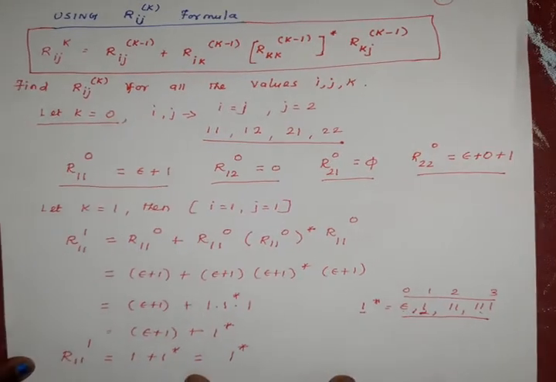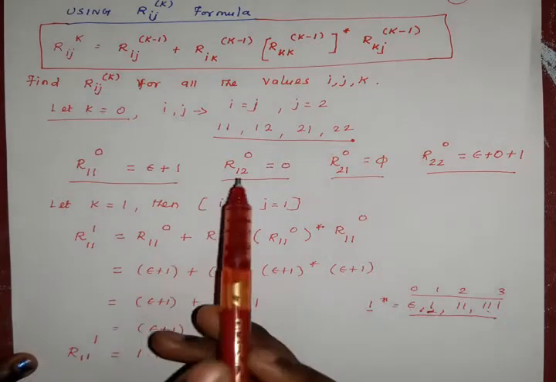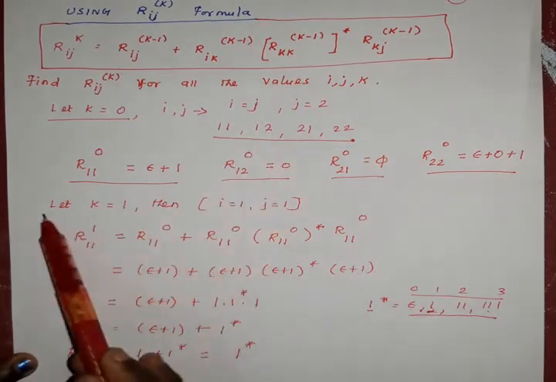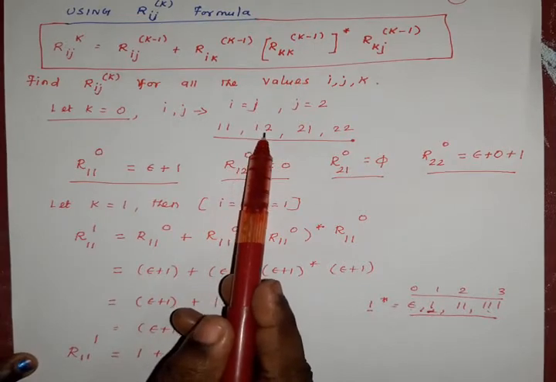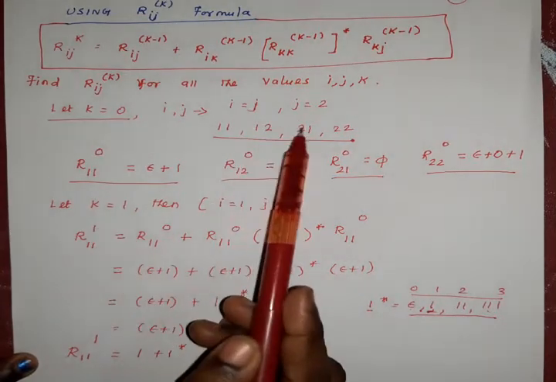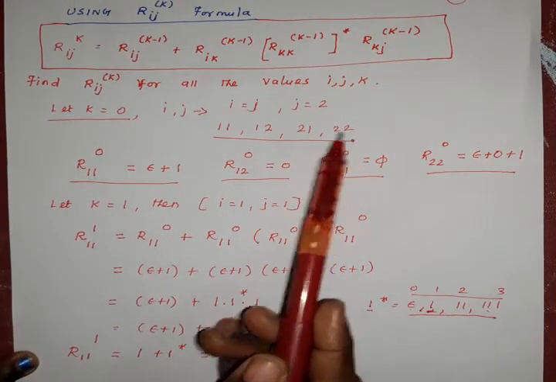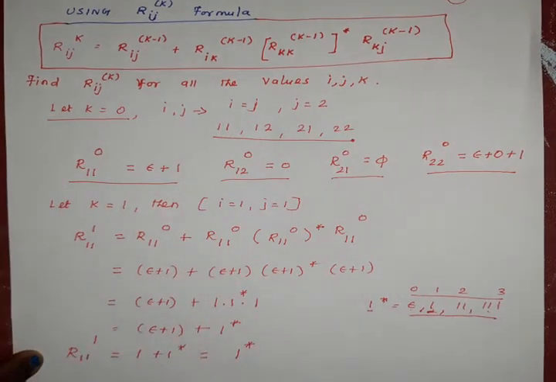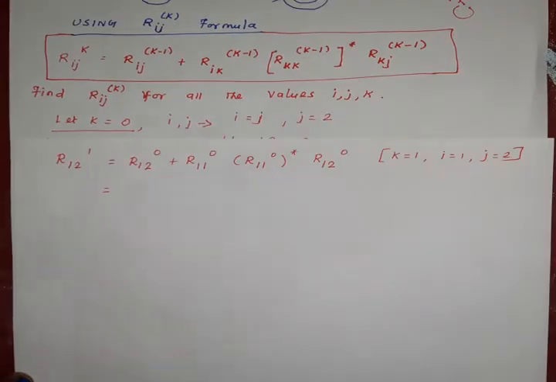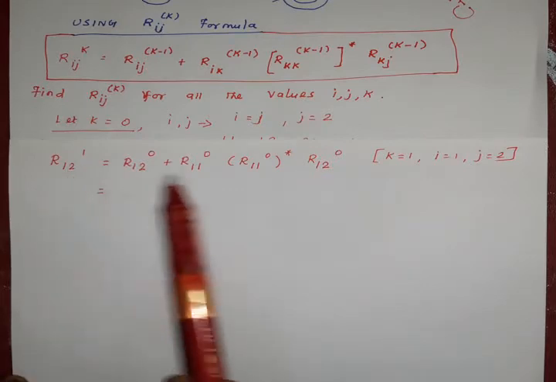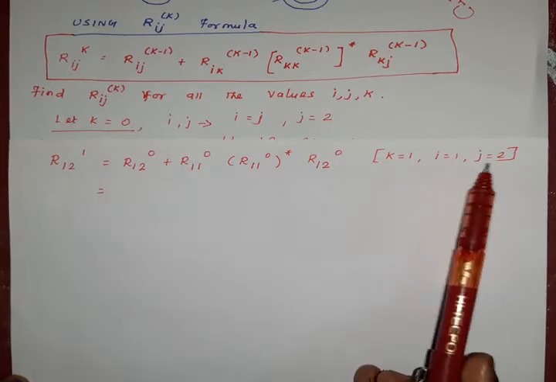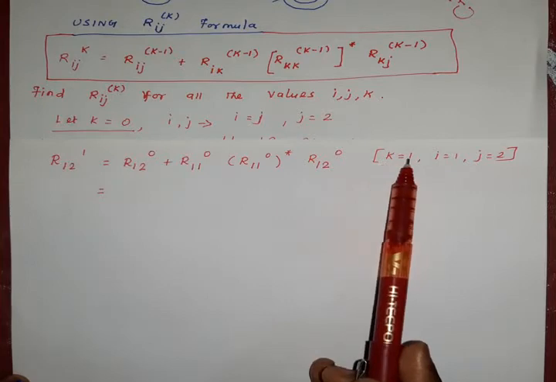Similarly, we have to find the value for the next possible combination, that is, the k value does not change. So next R12 power 1, next R21, next R22. Similarly, we have to find the value for the above regular expressions. So now the next regular expression is R12. Here i value is 1, j value is 2 and k value is 1, right?